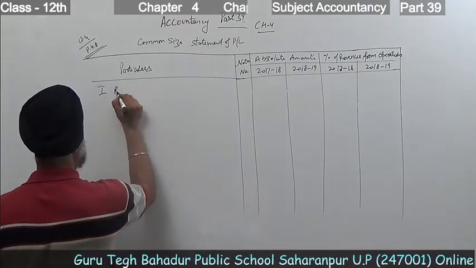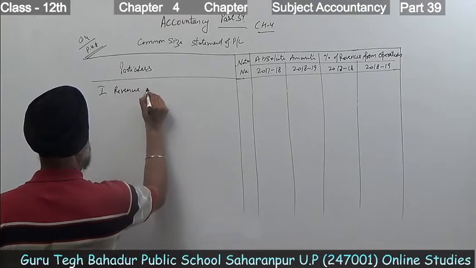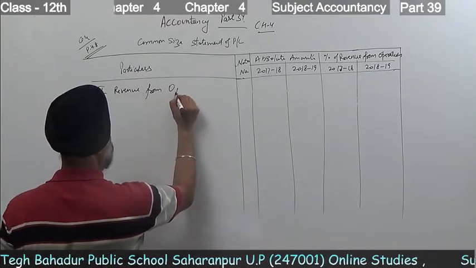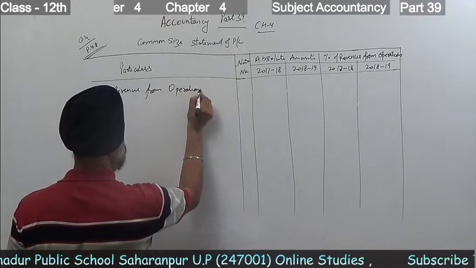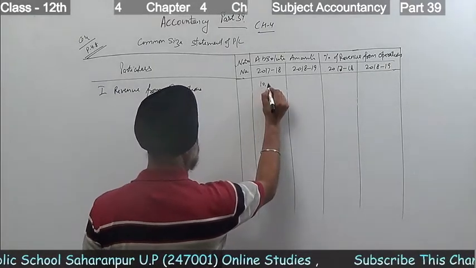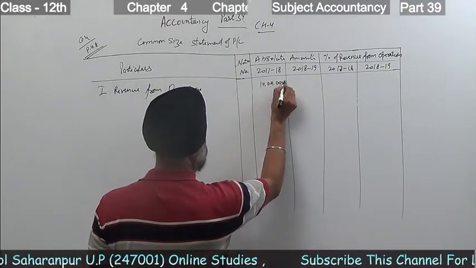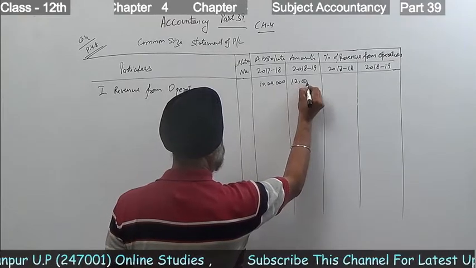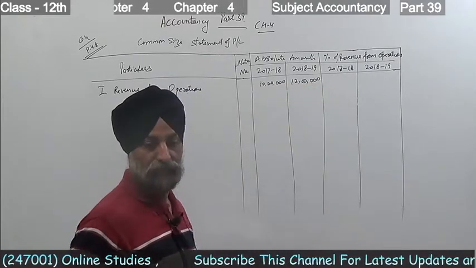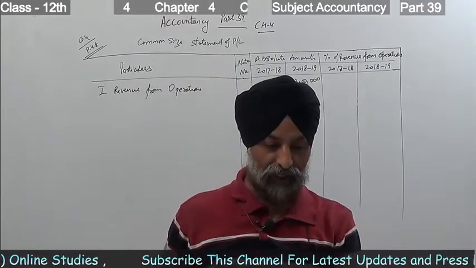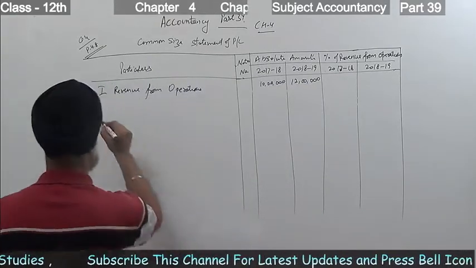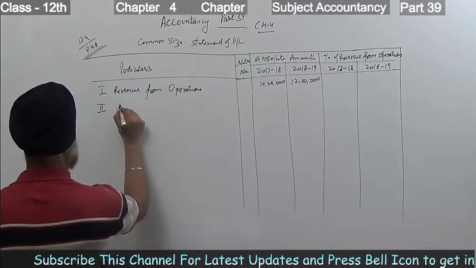First, revenue from operations, this is 10 lakh in 18 and 12 lakh in 19. Now come to the second point, expenses.